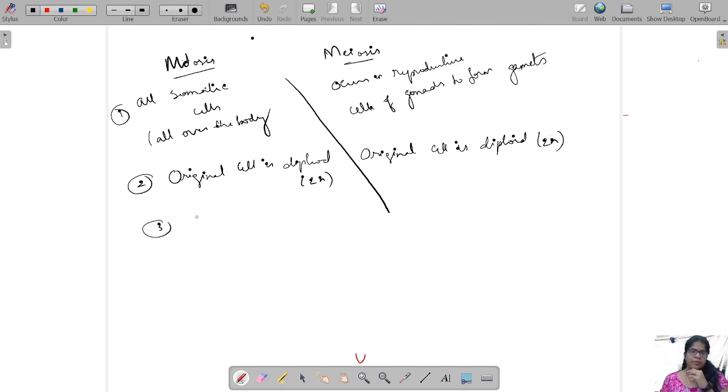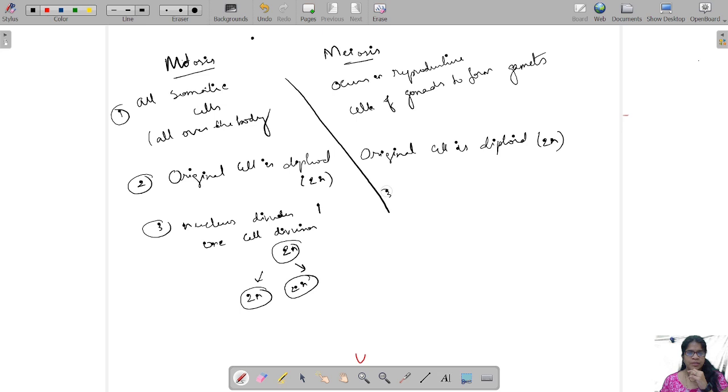Now, third important change. Here, please remember the nucleus is dividing only once. What does that mean? Only one cell division. There is no change in the ploidy, I told you. 2n is not becoming 4n. 2n is again becoming 2n.